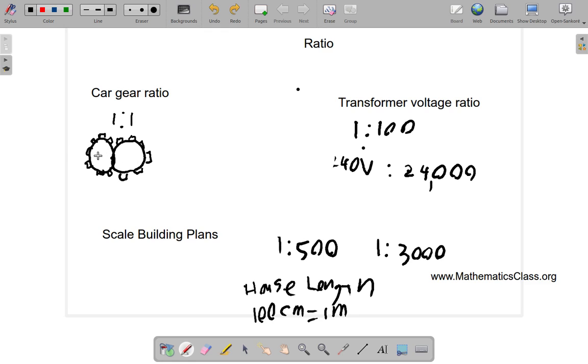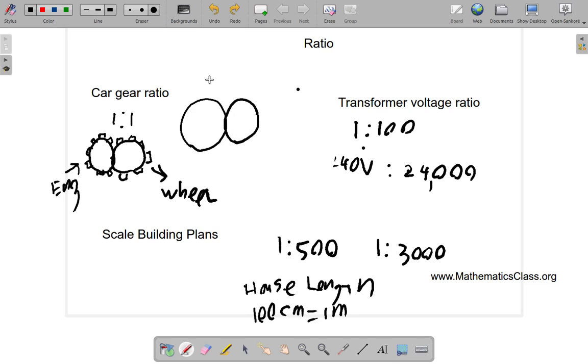See, this part is coming in from the engine, and this part is going out to the wheel. Now, when you have fifth gear, the gear coming in from the engine is a little larger, and the gear coming out to the wheel is a little smaller. So it might be 0.75 to 1.